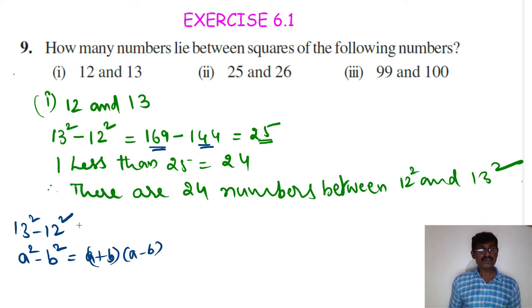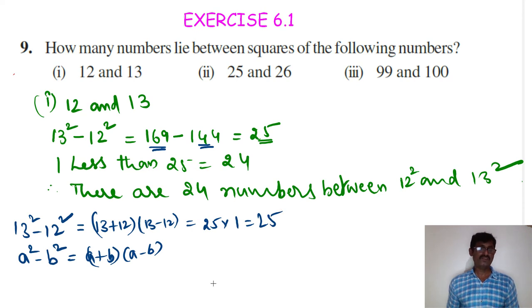In this case, 13 square minus 12 square equals 13 plus 12 times 13 minus 12, which is 25 times 1. So this is equal to 25. To find the difference of squares, we can use this strategy. Let us go to the second problem.